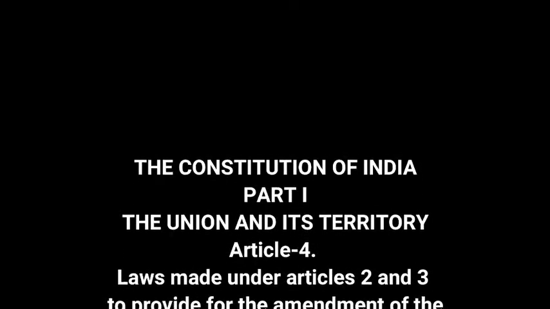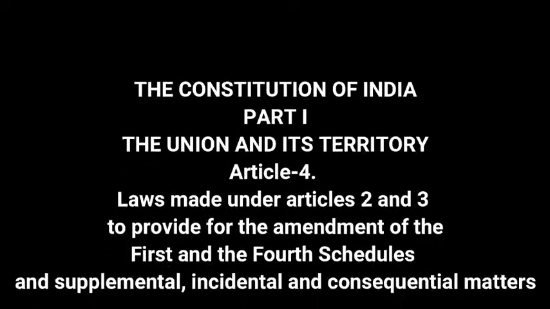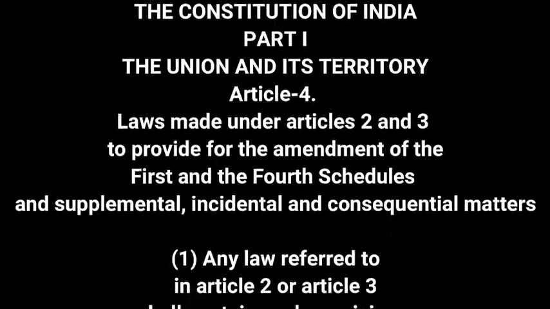Constitution of India. Part 1. The Union and its territory. Article 4. Laws made under Articles 2 and 3 to provide for the amendment of the first and the fourth schedules, and supplemental, incidental and consequential matters.